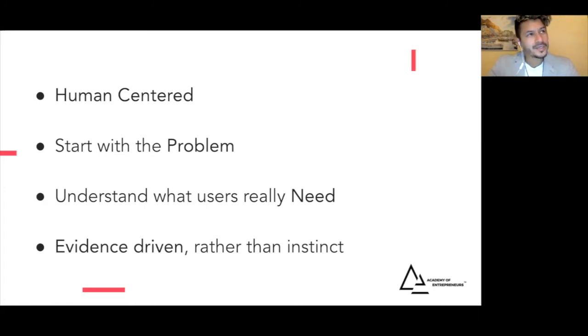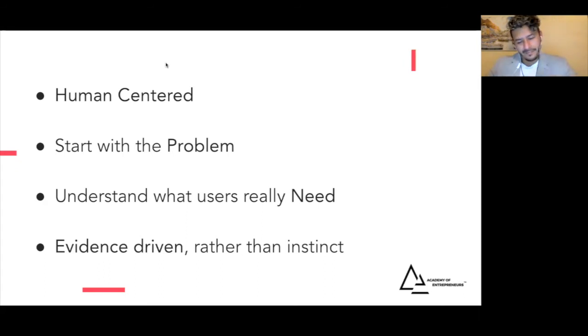And the last component is an evidence-driven approach, okay? So instead of guessing and having assumptions, what you're doing is, I would say, a kind of scientific approach, okay?